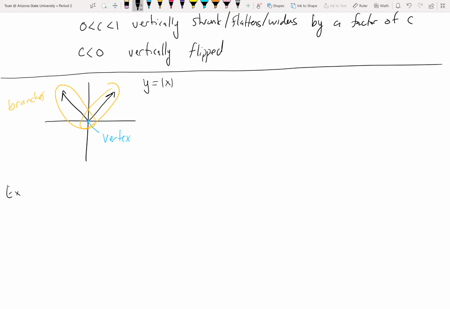For example, if I ask you to sketch y equals 2 absolute value of x minus 3 plus 1, say.